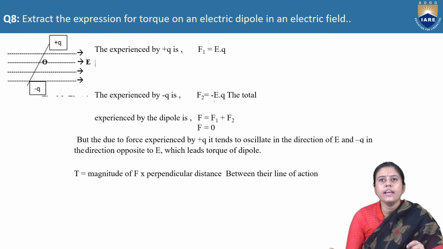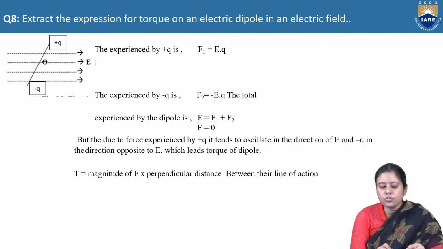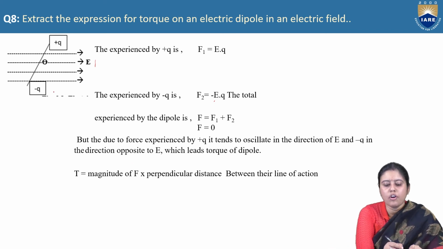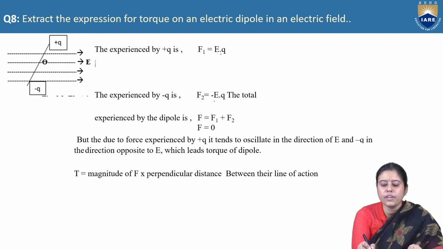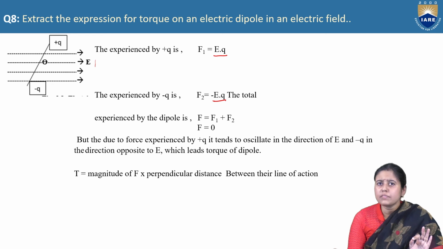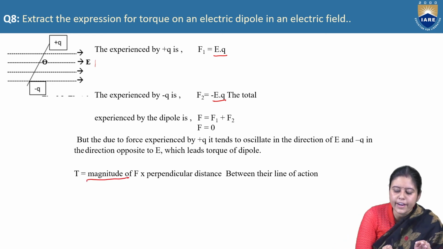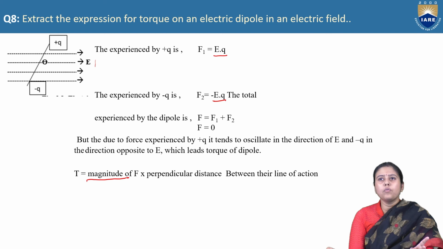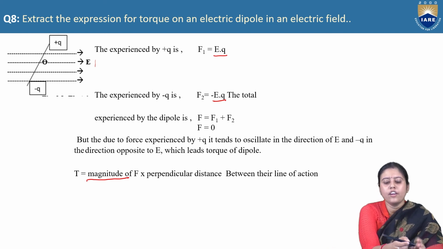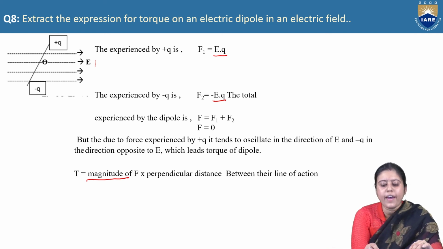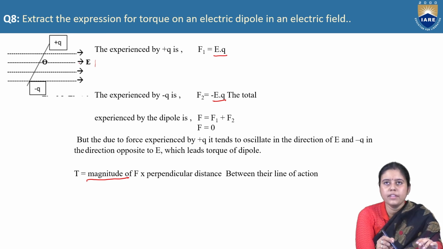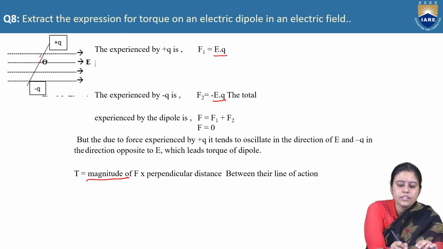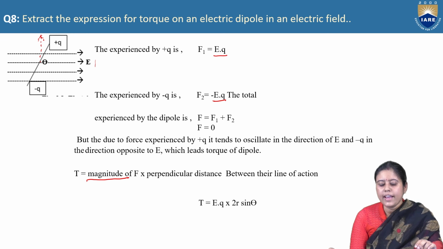So T is equal to the magnitude of F, the force, which we can write as E into Q. We are not taking the sign, we are only taking the magnitude and the perpendicular distance between their lines of action. The line of action is according to E, E meaning the intensity, so the distance is perpendicular to E. So it will be sin theta.